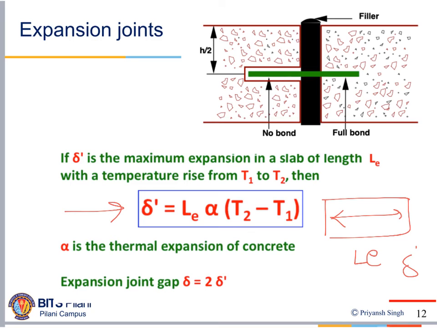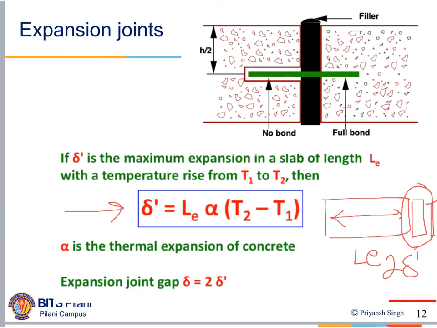So you need to provide a gap between the next slab of an amount of 2 delta dash to accommodate the expansion of the concrete between two slabs of the rigid pavement. So the expansion joint gap should be 2 times delta dash, and LE is the length of your slab.